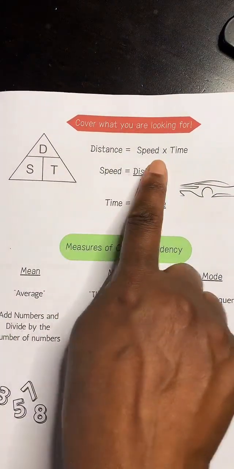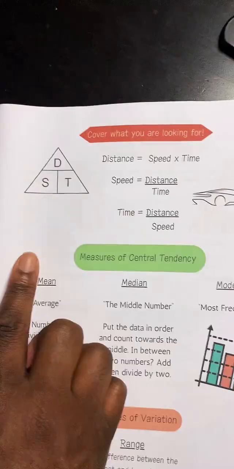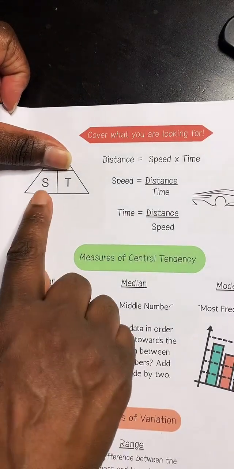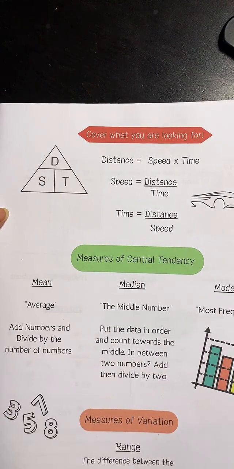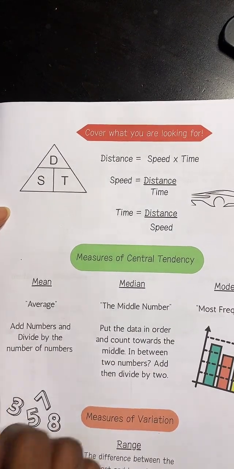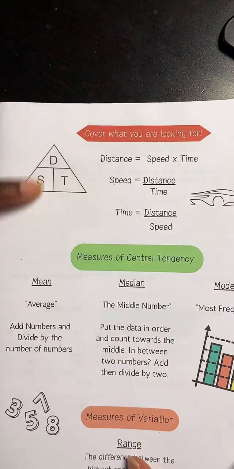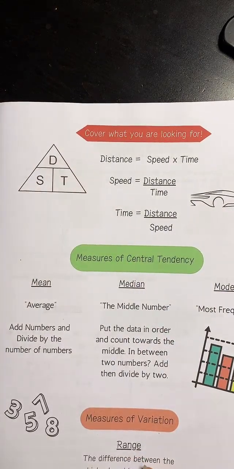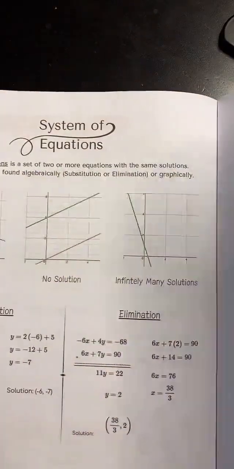How about distance, speed, and time? Remember this? If you want to find distance, just cover up the D, and then you have your speed times time. If you want speed, that means it's distance divided by time. So you can use this, and after a while, you're not going to need to look at this. This is just to kind of help jar your memory.